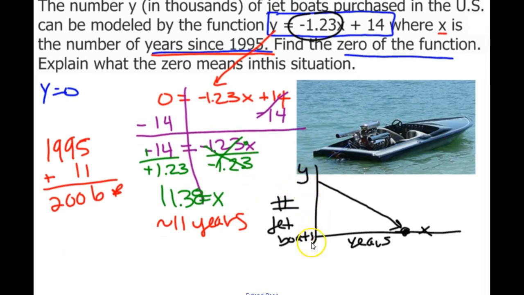So in the year 1995, there were a lot of jet boats, but as the years go on, the number of jet boats is going down, down, down. So where we cross the x-axis in the year 2006, that's when there aren't any jet boats left. We don't know if that's true or not, but that's just what this trend showed.